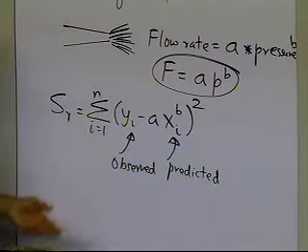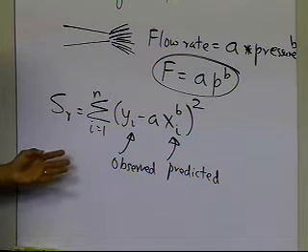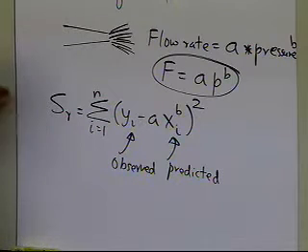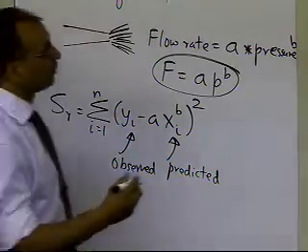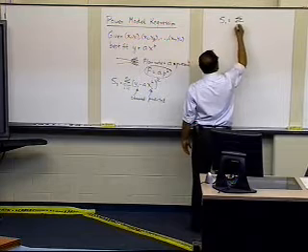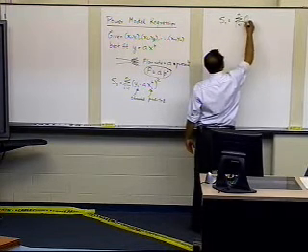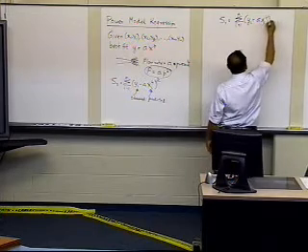And what you now want to do is minimize with respect to A and B. How we go about that will depend on simply taking the derivatives of this quantity. So your SR is the summation of y sub i minus a xi raised to the power b, whole square.